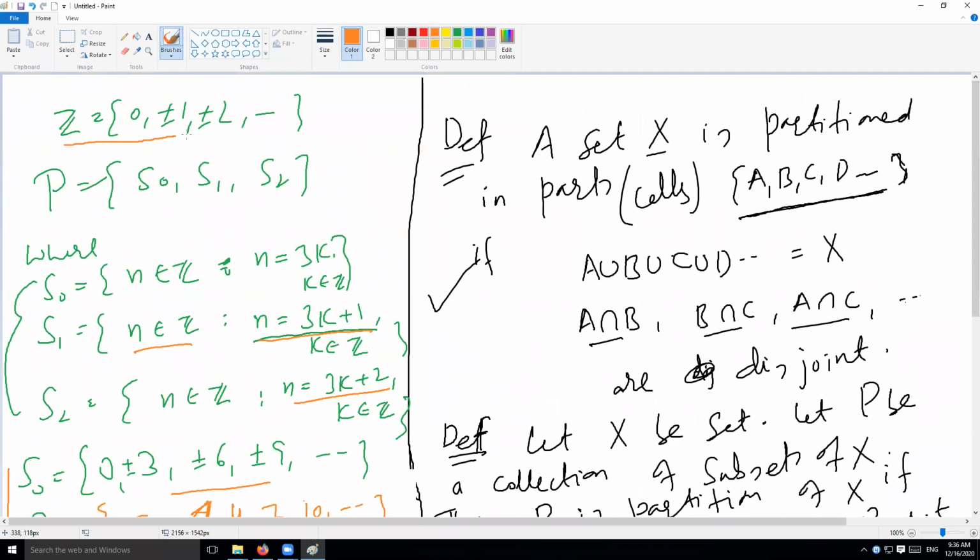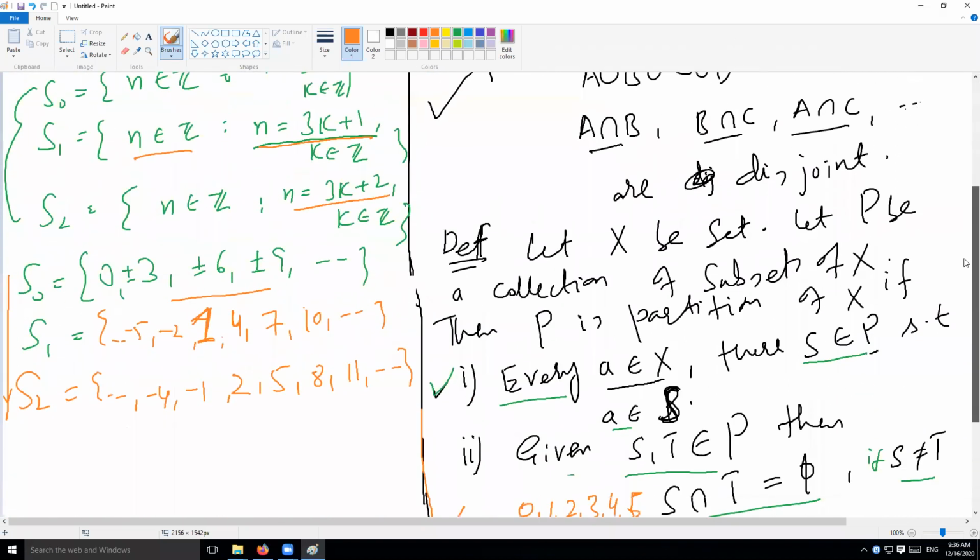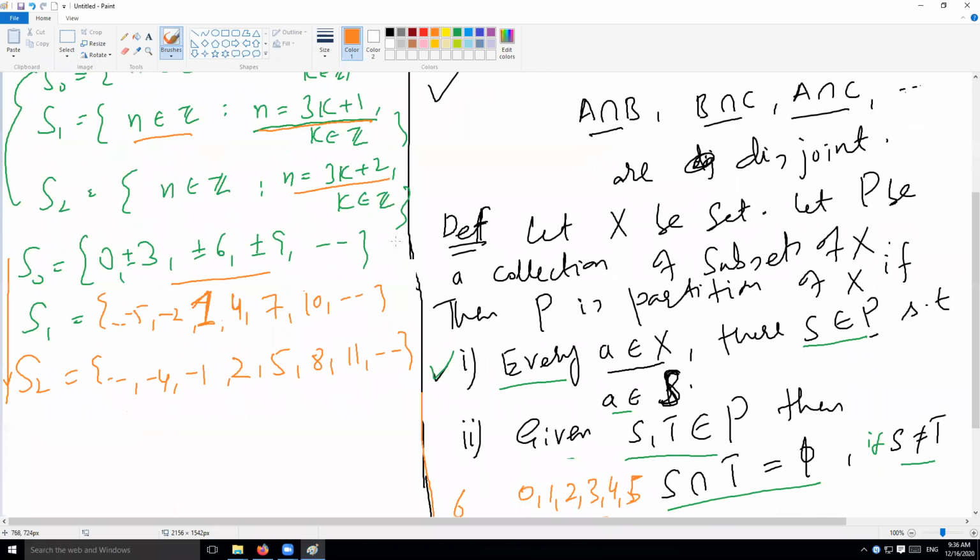So can you tell me any integer that is not present in this list? If I ask you, for example, tell me 35 is an integer, right? 35 is an integer. Out of S0, S1, and S2, where is 35?